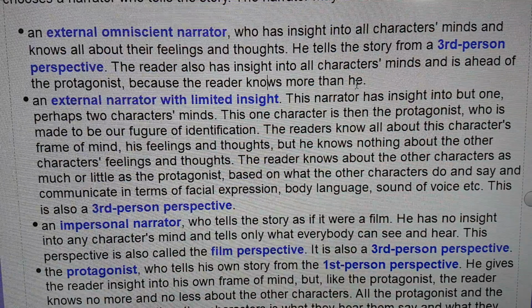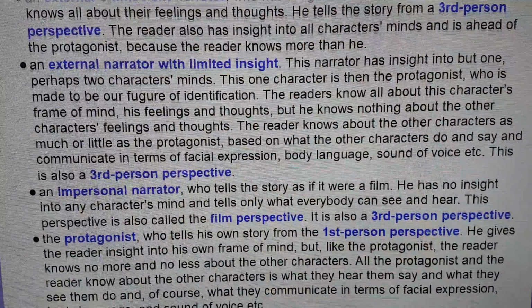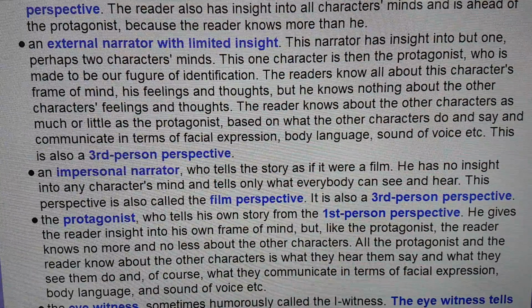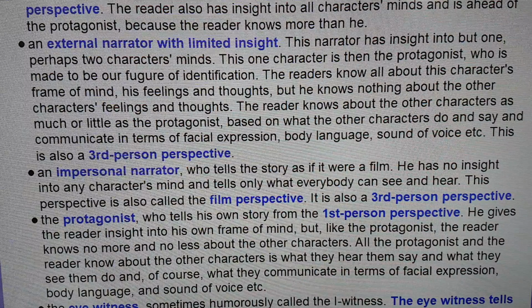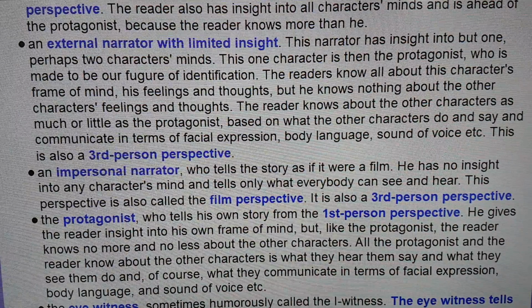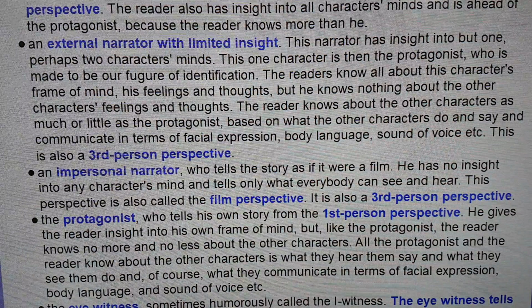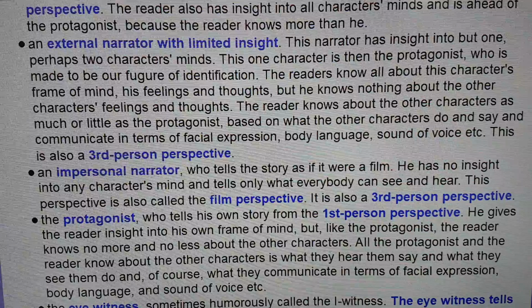Okay? Then there is another form of third-person perspective that you find in especially Hemingway's fiction, and that is an impersonal narrator who tells the story as if it were a film.